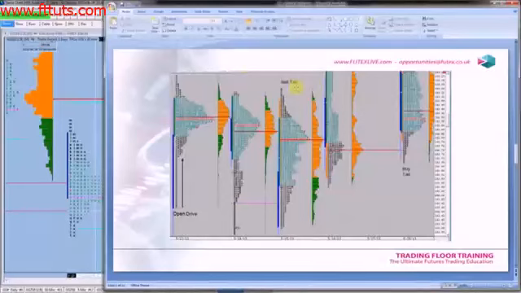It's a point at which the seller steps in and aggressively sells the market because they feel that prices have got too out of line.